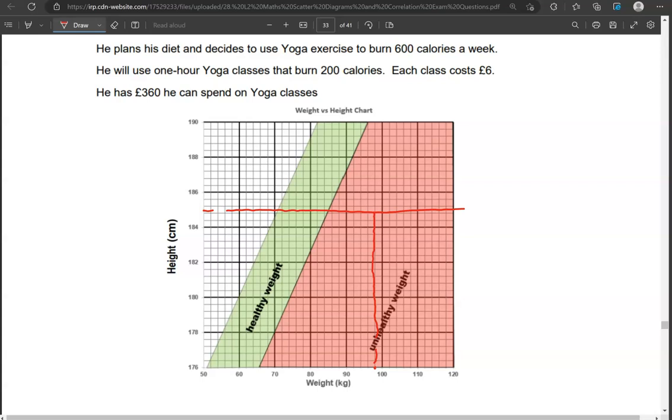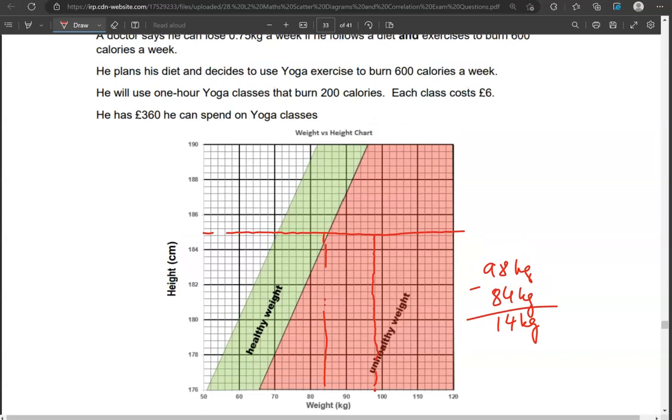To get into this healthy range, he needs to be 84 kilograms at most. So from 98 to 84, he needs to lose at least 14 kilograms.